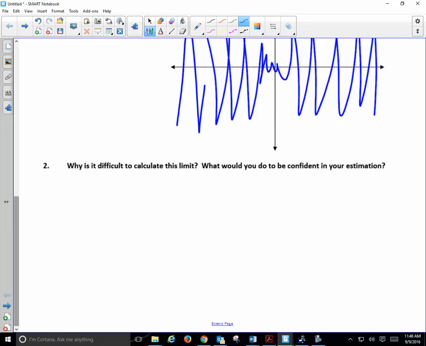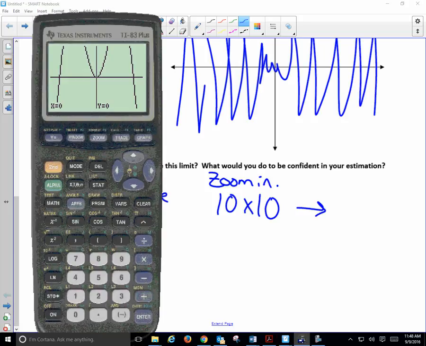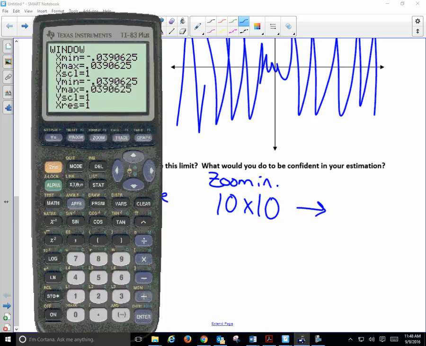So why is it difficult to calculate this limit? The behavior is unpredictable. So what would you do to be confident in your estimation? We would zoom in. And in fact, we went from a 10 by 10 window to a 0.04 by 0.04 window.